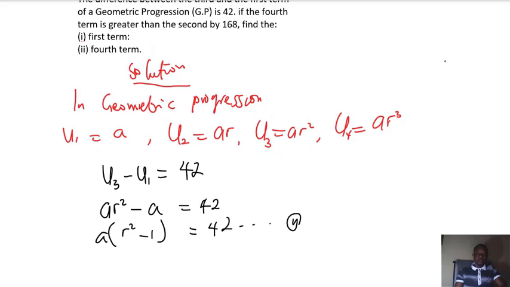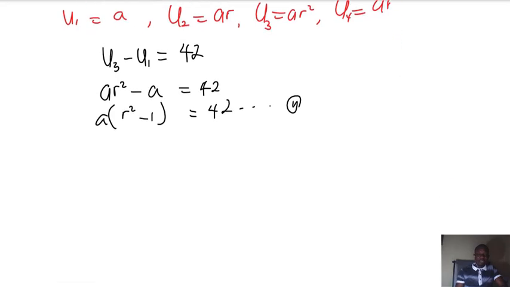Let's build the second one. It says that the fourth term is greater than the second term by 168, meaning U4 minus U2 is equal to 168. And what is U4? U4 is AR exponent 3.